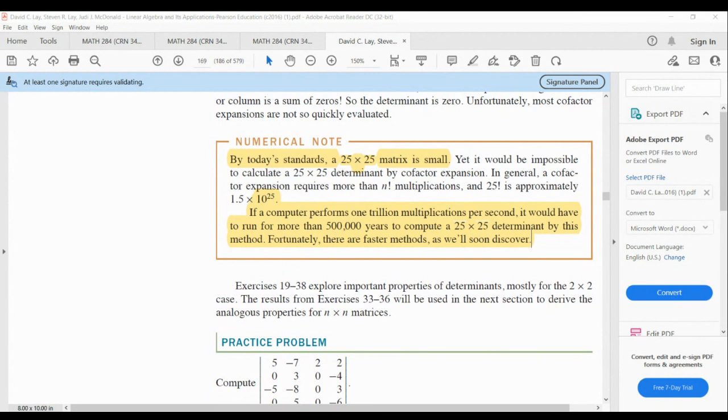And that's why we need the mathematics. We have to find a way to compute a determinant quickly, because in real life, there are large determinants that have to be computed. And this will lead us into section 3.2, which is properties of determinants. We will get into section 3.2 next. But are there any questions here?